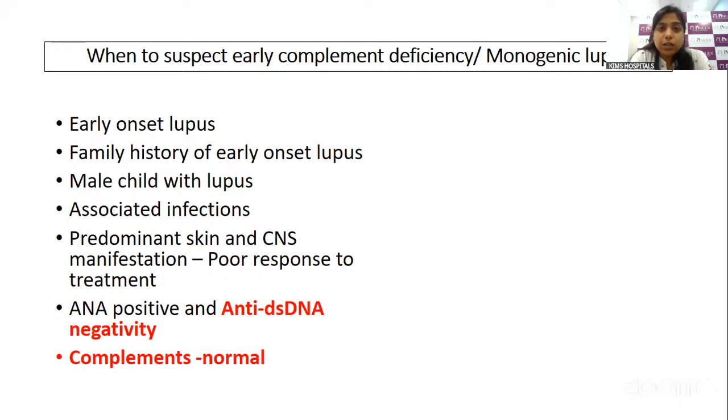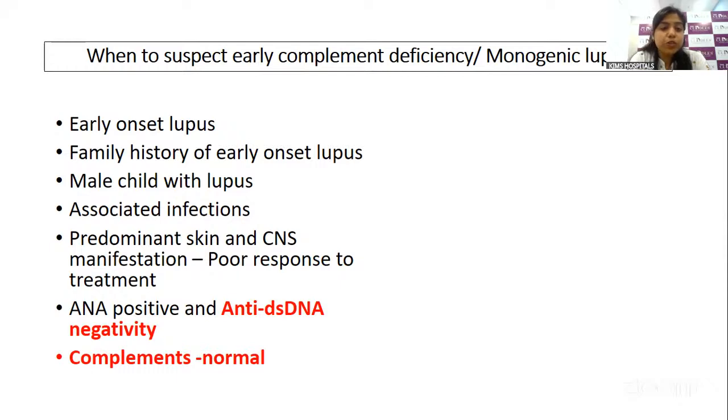So when to suspect an early complement deficiency or monogenic lupus? When they have early onset lupus, when there is a family history of early onset lupus, when a male child presents with manifestations of lupus, since lupus is commonly seen in females, when they have associated recurrent infection, when there is a predominant skin or CNS manifestation, whereas generally lupus has a predominant nephrological manifestation, and when their response to treatment is not good, then you should think of monogenic lupus.